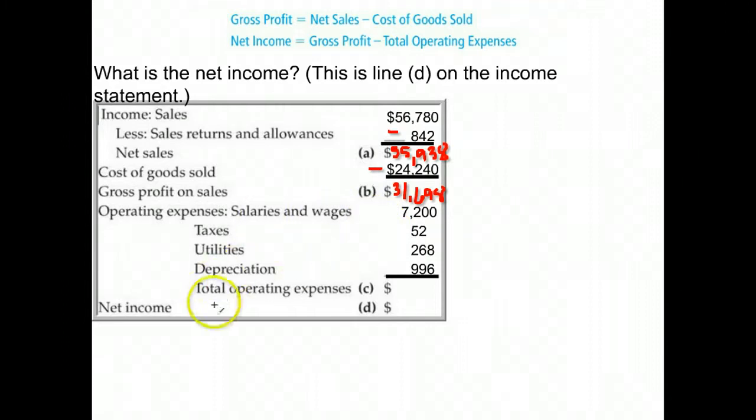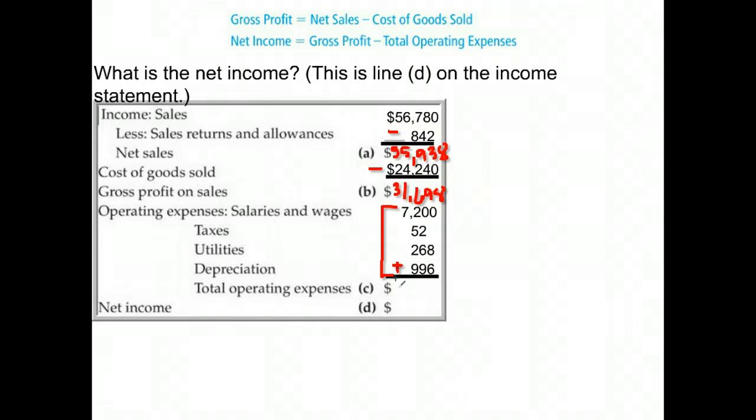Next, we want to find our net income. We do that by subtracting all the operating expenses from what we have so far. Okay, so our total operating expenses we're going to put right here. So we're going to total these numbers here and put our total.